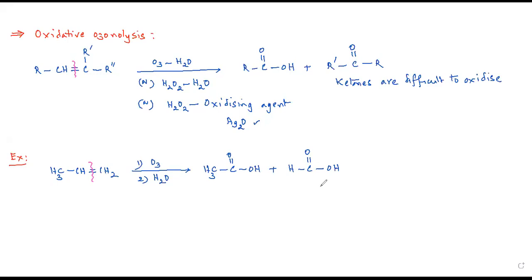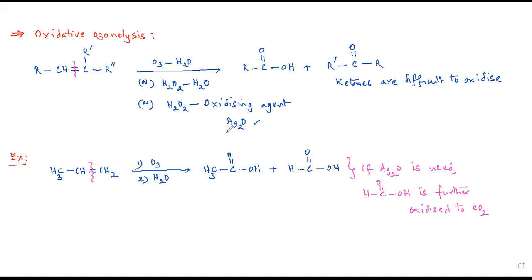Now, if suppose silver oxide is used, this formic acid is further oxidized to carbon dioxide.